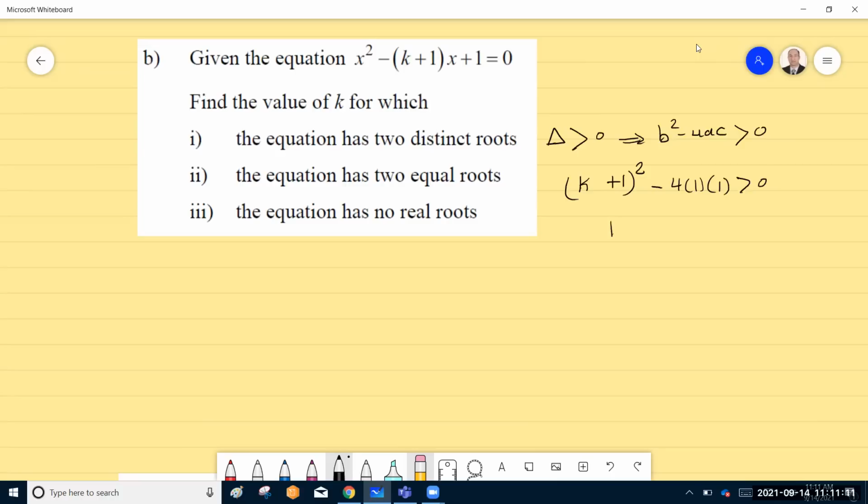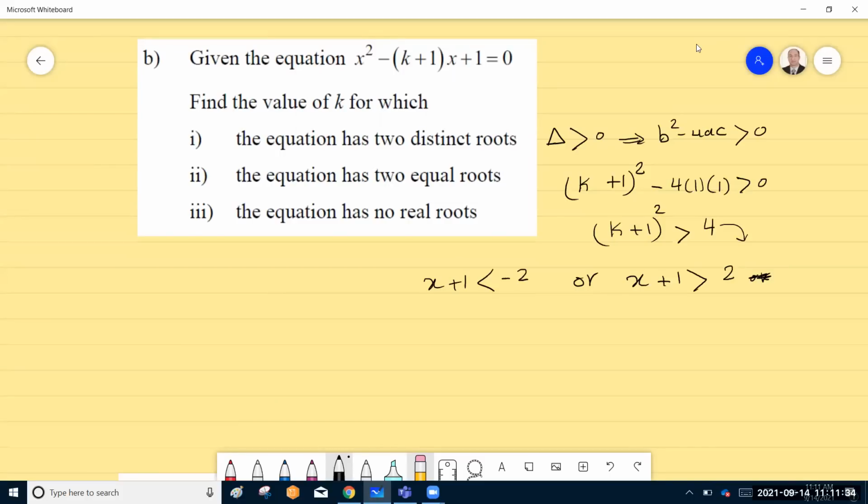To solve this, simply (k plus 1) all squared is bigger than 4. When you solve it, k plus 1 is bigger than 2, the square root of 4, or k plus 1 smaller than -2.